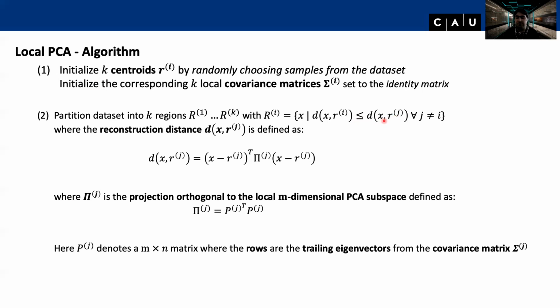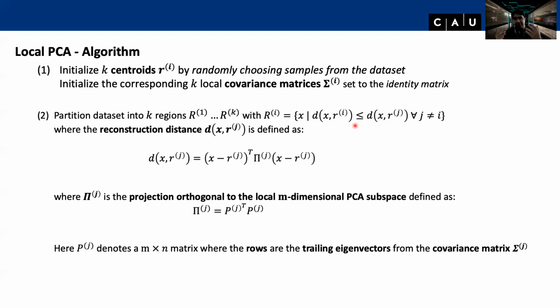Translated, it means make sure that you cluster in such a way that for every object x, it is closest to its own centroid Ri, but in the worst case, equally distant to another centroid Rj, but not closer.